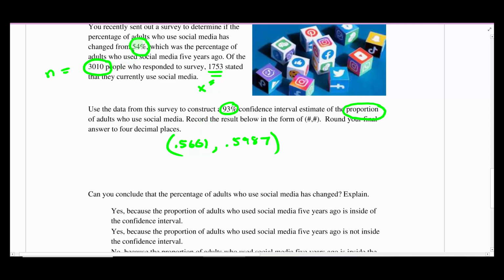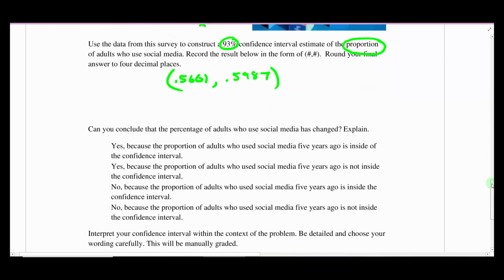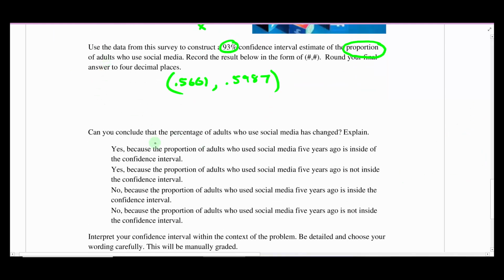Five years ago, they said it was 54%. But if we look at our interval here, we're pretty confident that it's between 56 and 59%. So I would say yes. The proportion of adults who use social media 5 years ago is not inside the confidence interval.